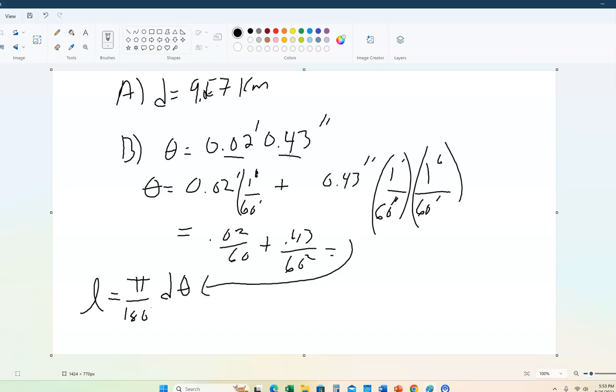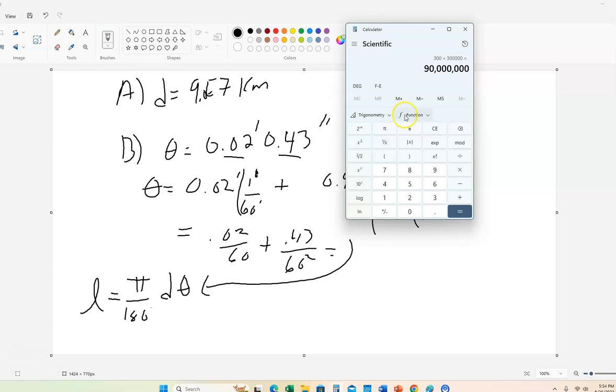Let's see what that turns out to be, because I'm starting to run out of time here. There's the 90. I'll use that in just a little bit. So it's 0.02 divided by 60 plus 0.43 divided by 60 squared.